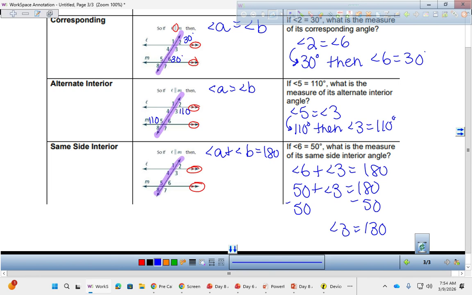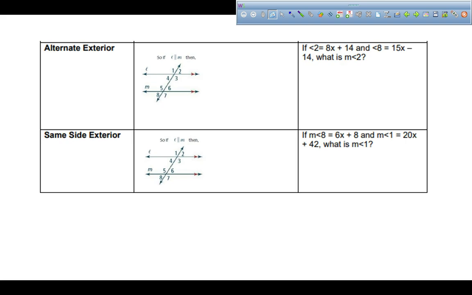So out of these three relationships, corresponding and alternate interior create equal angles. Same side interior, same side creates supplementary angles. They equal 180. And you can assume alternate exterior and same side exterior follow the interior ones.